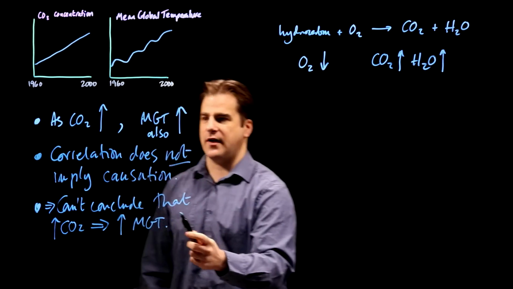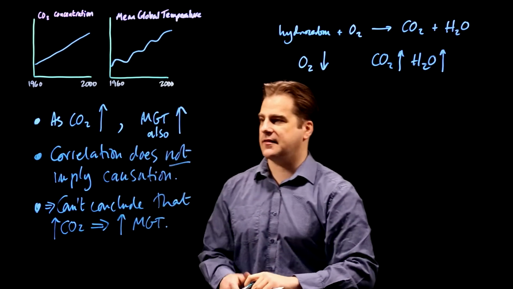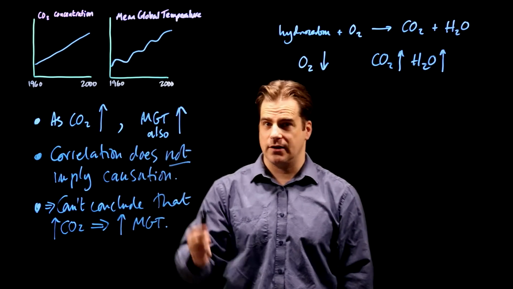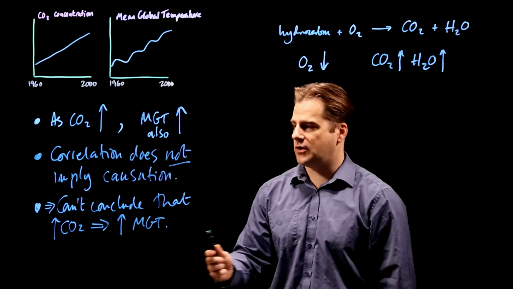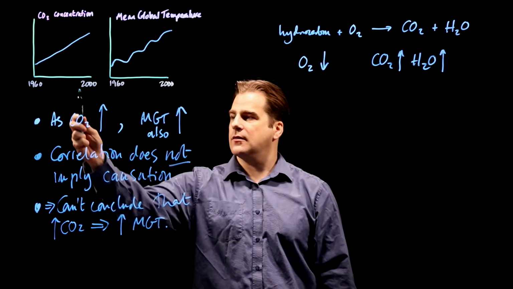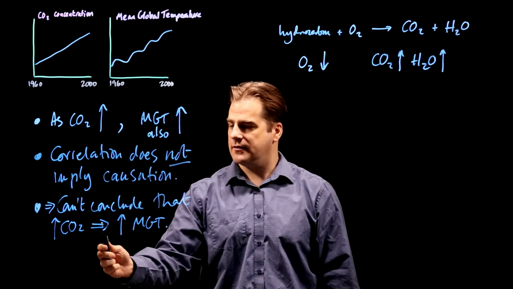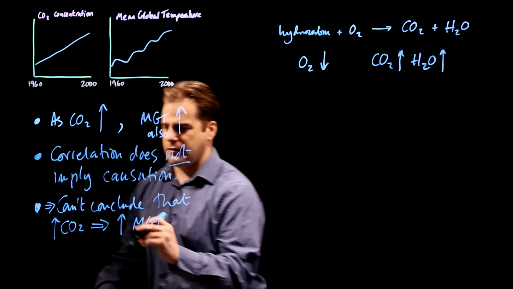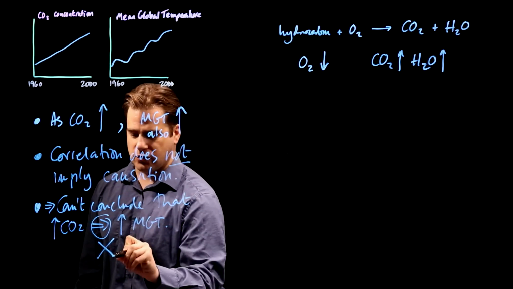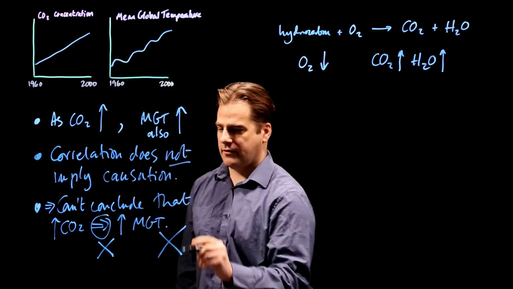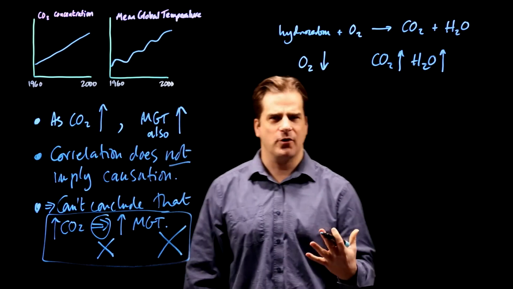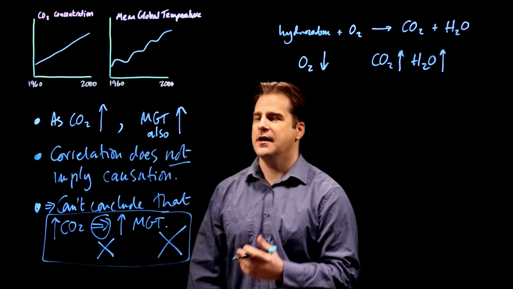You can write down that CO2 increases at the same time that mean global temperature increases, but you cannot conclude that as CO2 increases, the mean global temperature increases. The CO2 does not cause, okay, that's wrong. That whole thing is, you cannot say that. Okay, have I banged on about this enough? I think so.